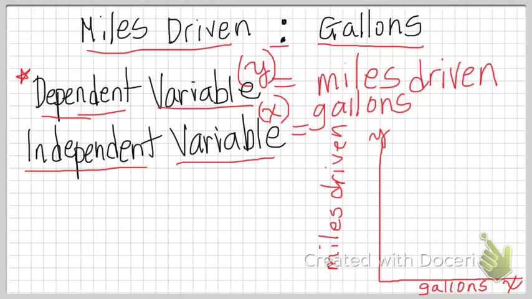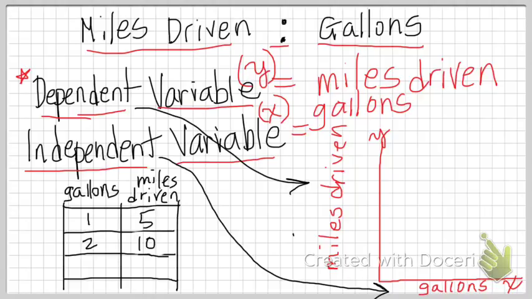Our x value is our independent variable. Just to reiterate, our dependent values are recorded here on our y-axis, and our independent values on our x-axis.